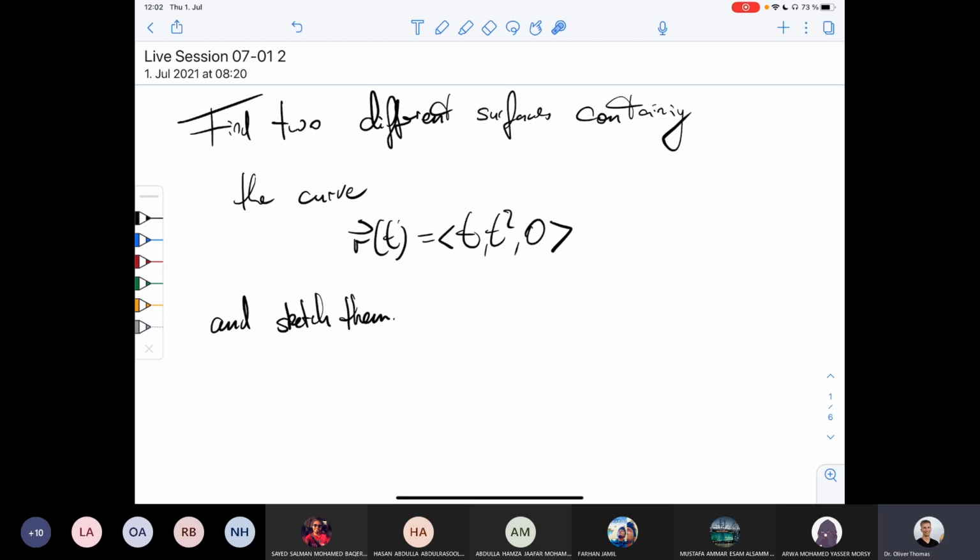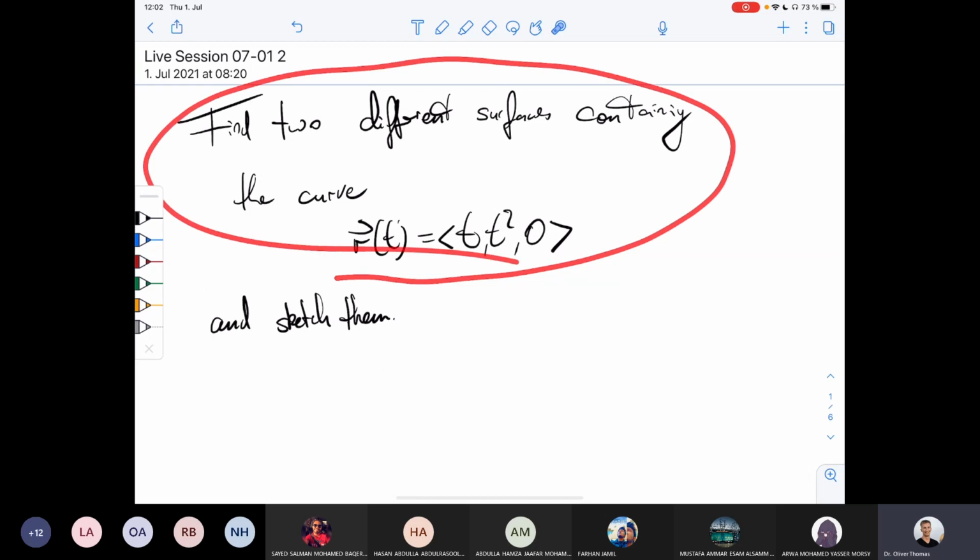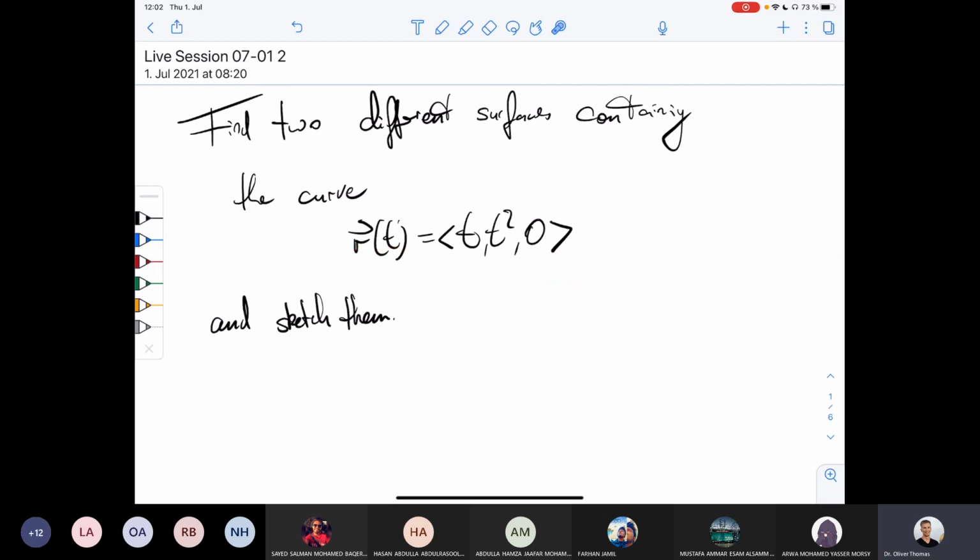And I want you to find two different surfaces in three-dimensional space which contain this curve. Afterwards, we're also going to sketch them, but for the time being, just find two different surfaces containing the curve. If you have any results or questions about that, just post them in the comments, and otherwise just go ahead, give it a try for a couple of minutes.